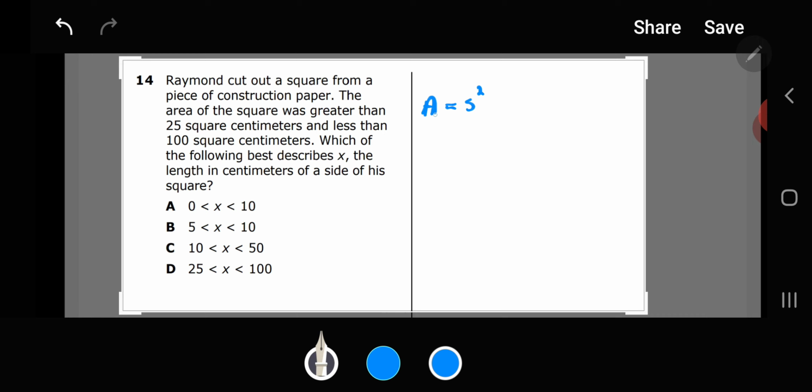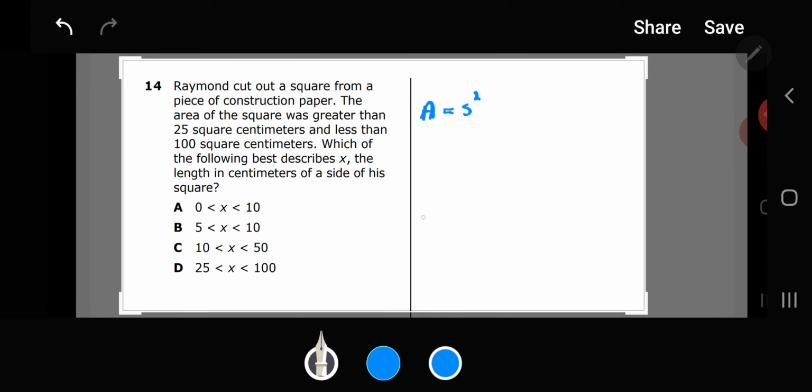Okay, so our range is what we're given. We're given ranges of 25 and 100. Our area is greater than or equal to 25. So 25 is the least amount that we can have. But it's less than or equal to, well, 100.